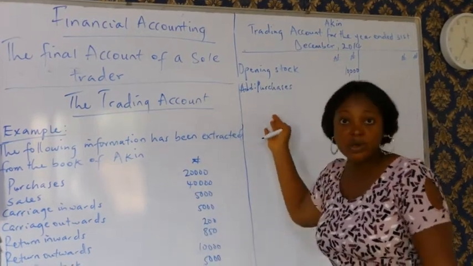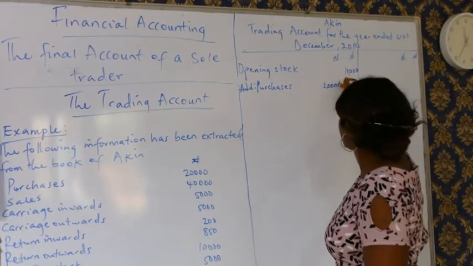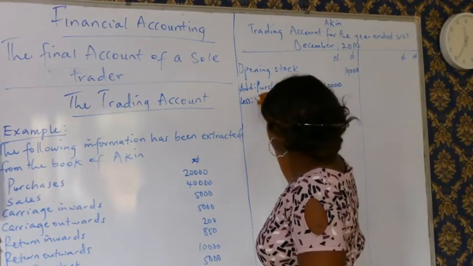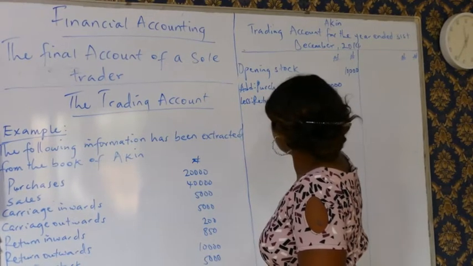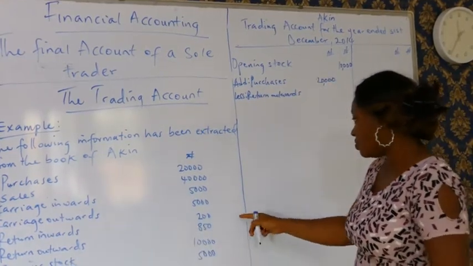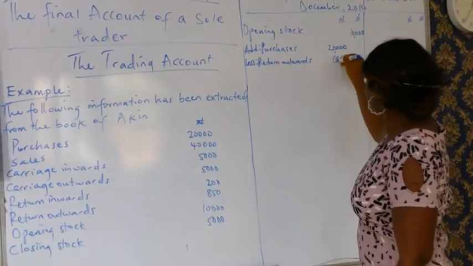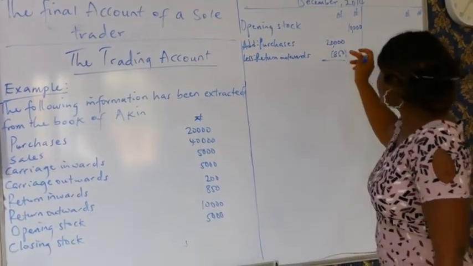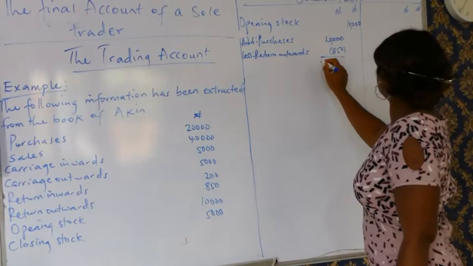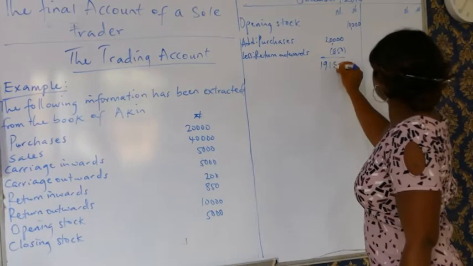We have to adjust the purchases figure. So we have purchases of 20,000 naira on the first naira sign, and then less return outwards, which is 850 naira. If we deduct 850 from 20,000 naira, we have 19,150 naira.